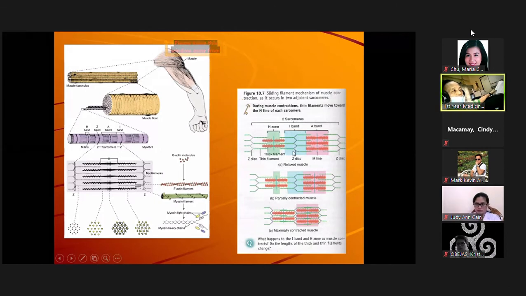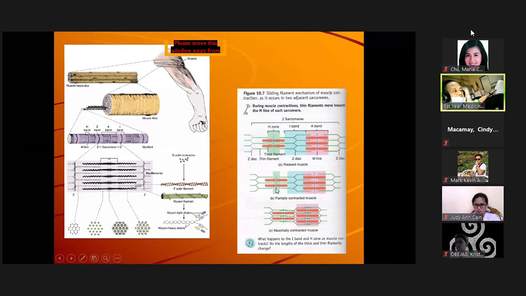Then when there is a partial contraction, the I band becomes smaller. And when there is a complete contraction of the muscle, you do not see the I band anymore.